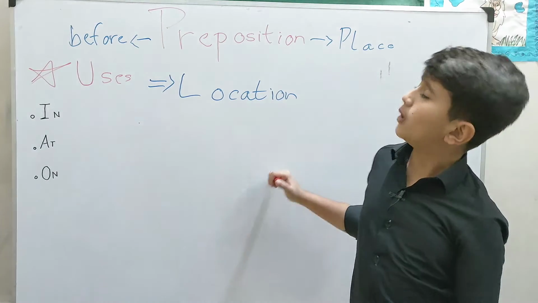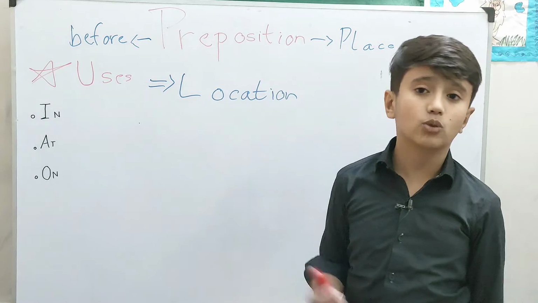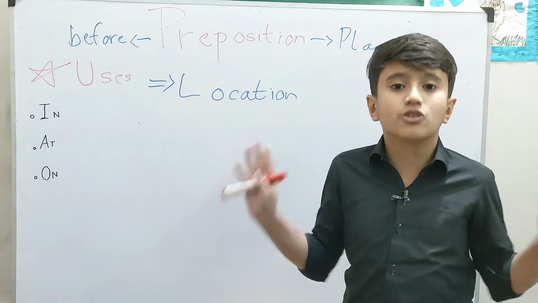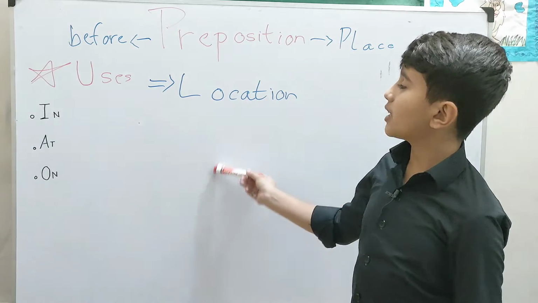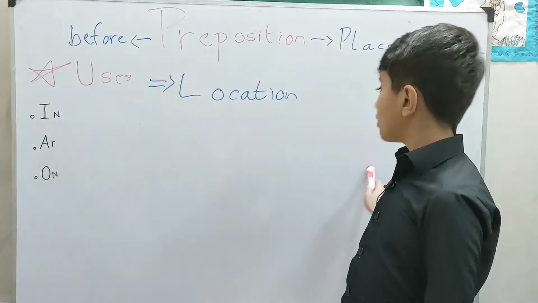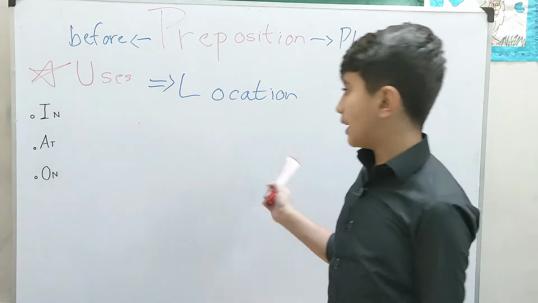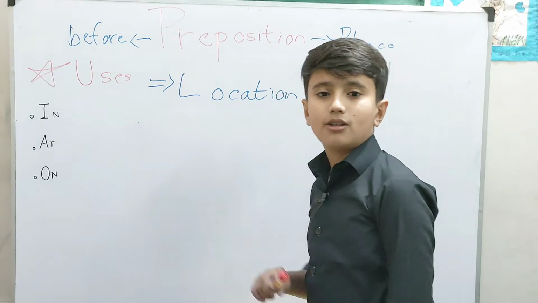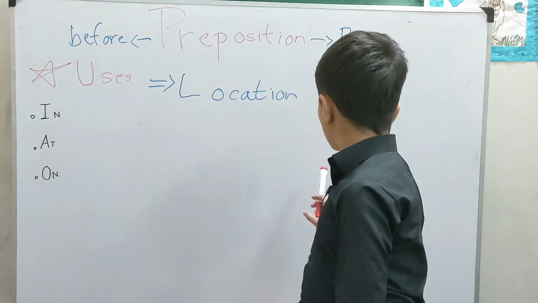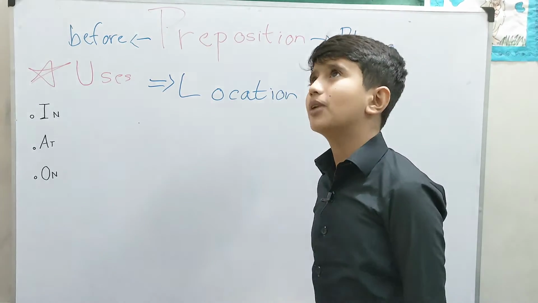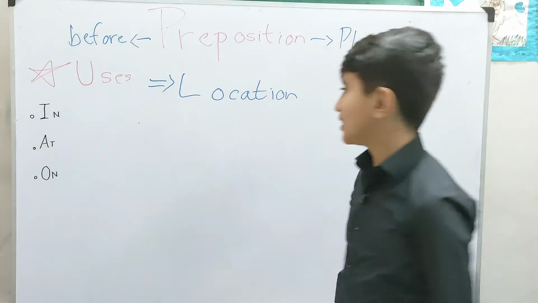So instead of verb, I'm going to call it gerund, because the ing form of the verb is known as a gerund. So the subject was I, the gerund was standing, the preposition was at, and the object was hospital.